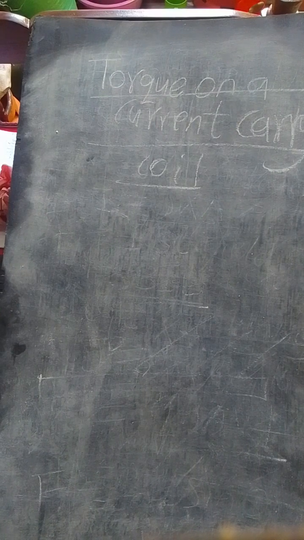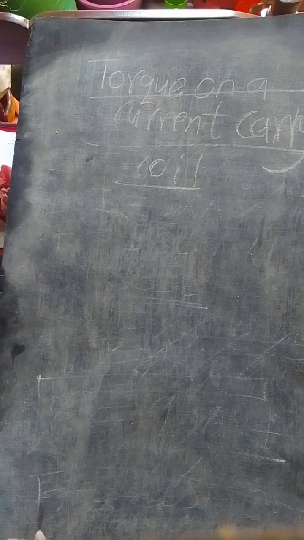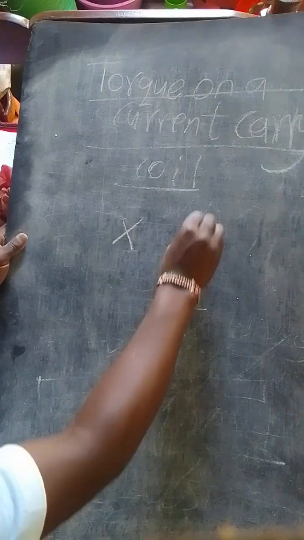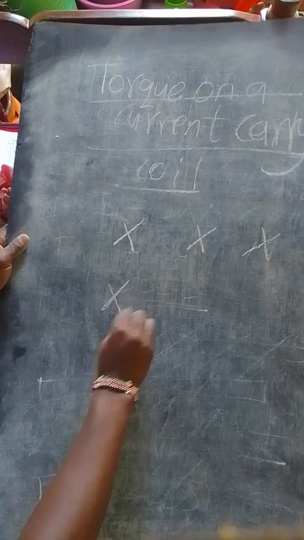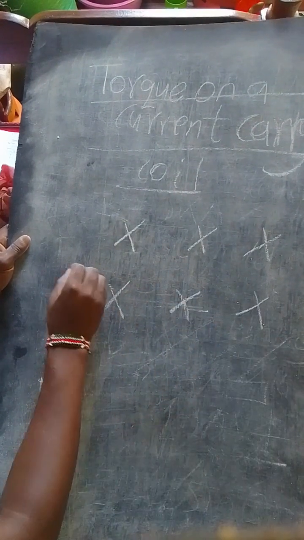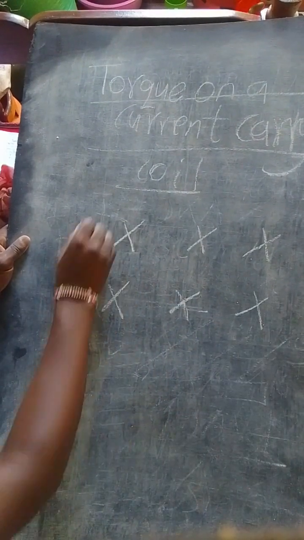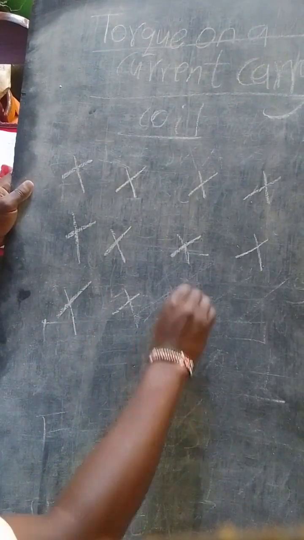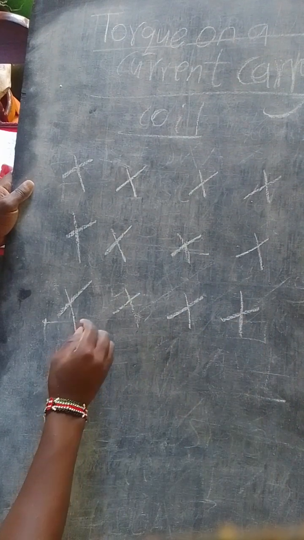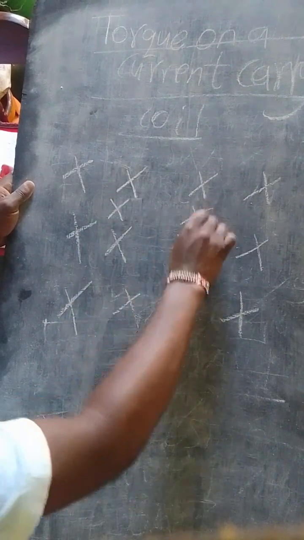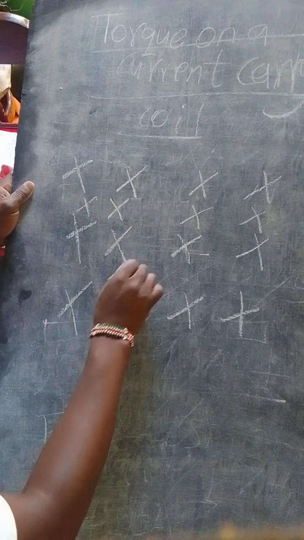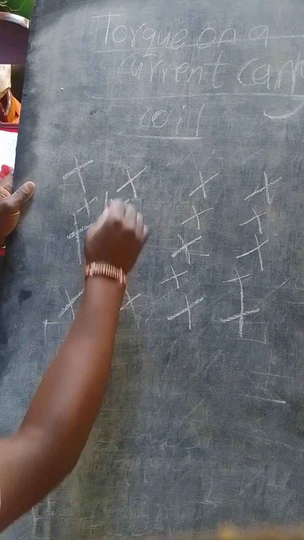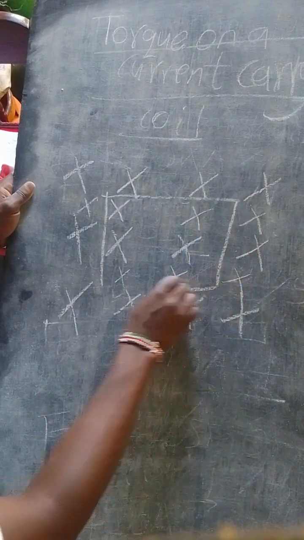Consider if we have a rectangular coil of dimensions P and L, so we have our magnetic fields. These are our magnetic fields moving into the paper, and we place now our rectangular coil in these fields.